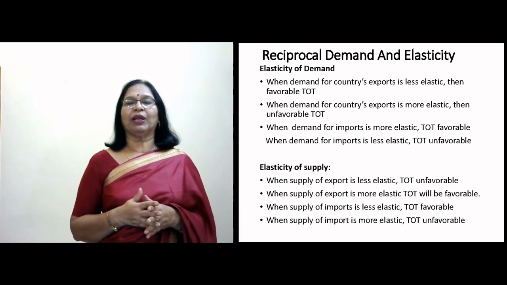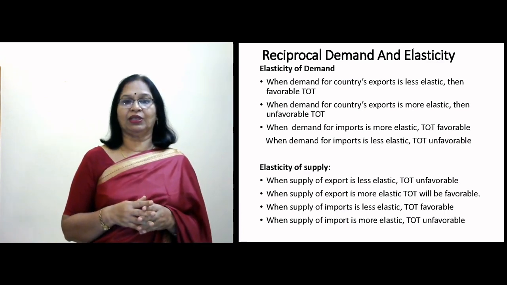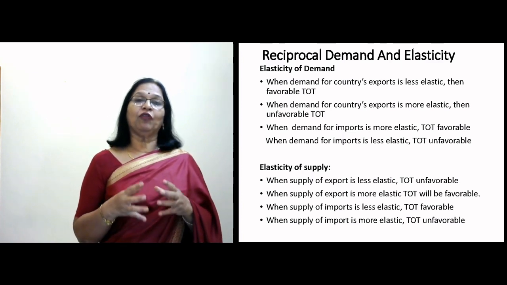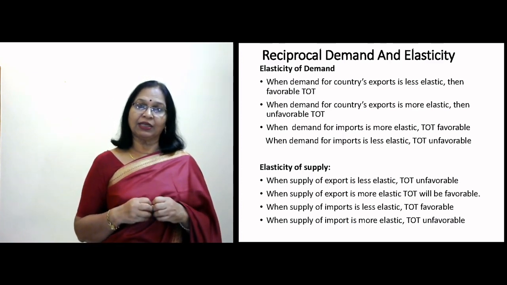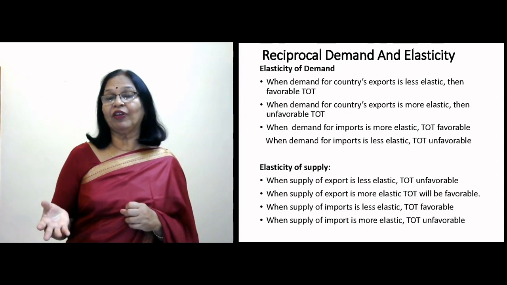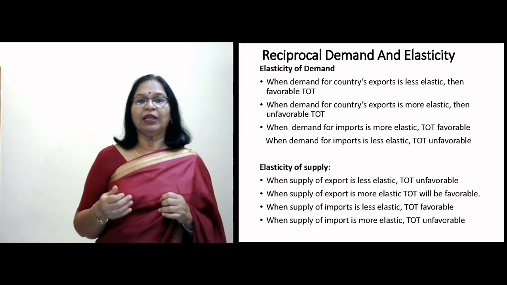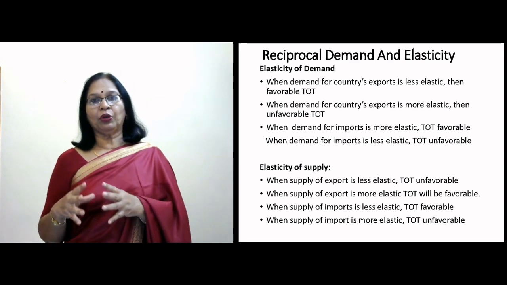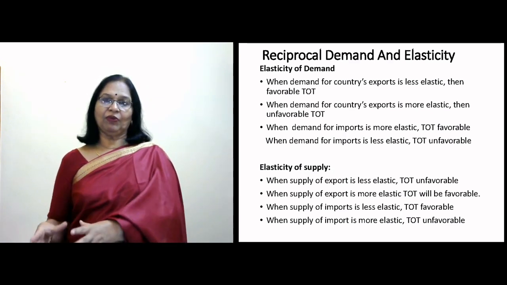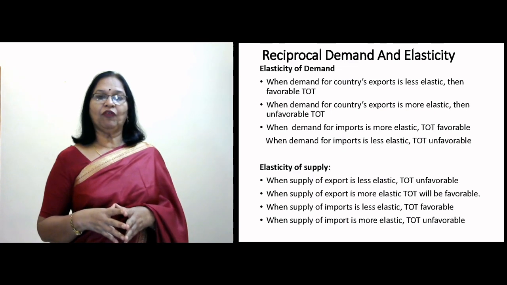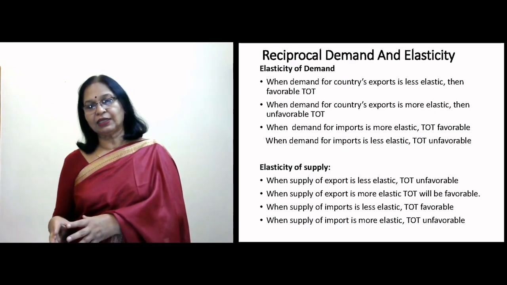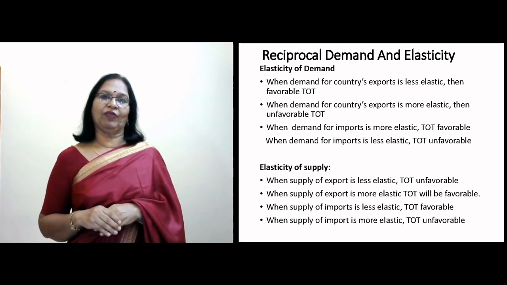Then even if there is a price rise, that will be favorable to that country. But when the demand for the goods is more elastic, then it will become an unfavorable terms of trade for that particular country. Similarly, when the demand for import is more elastic, terms of trade will be favorable. When the demand for imports is less elastic, terms of trade will be unfavorable.